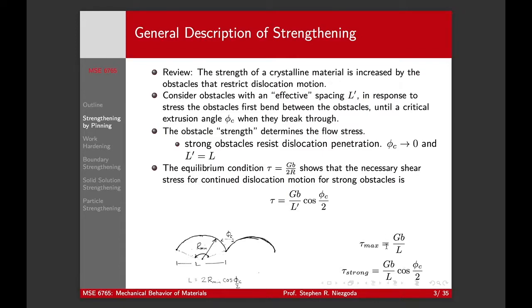So the most you can do is Gb over L. If we consider a strong obstacle, where this critical angle is small, we have an expression that looks something like this.